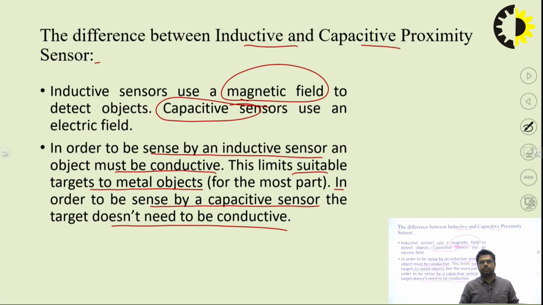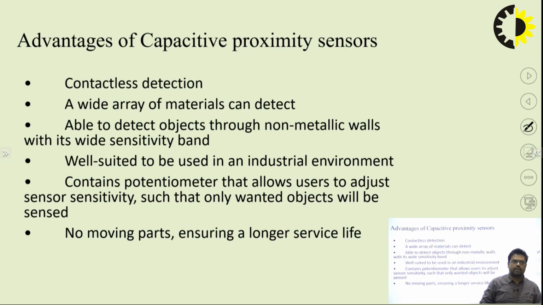But in the case of capacitive proximity sensors, the object can be either metal or non-metal, and accordingly they will provide the sensing signal. In both cases, they give the sensing signal.